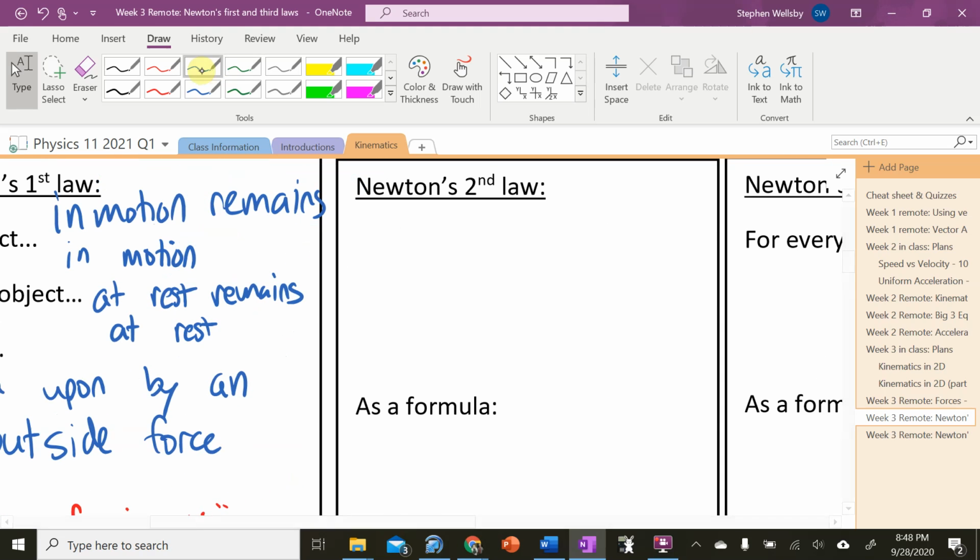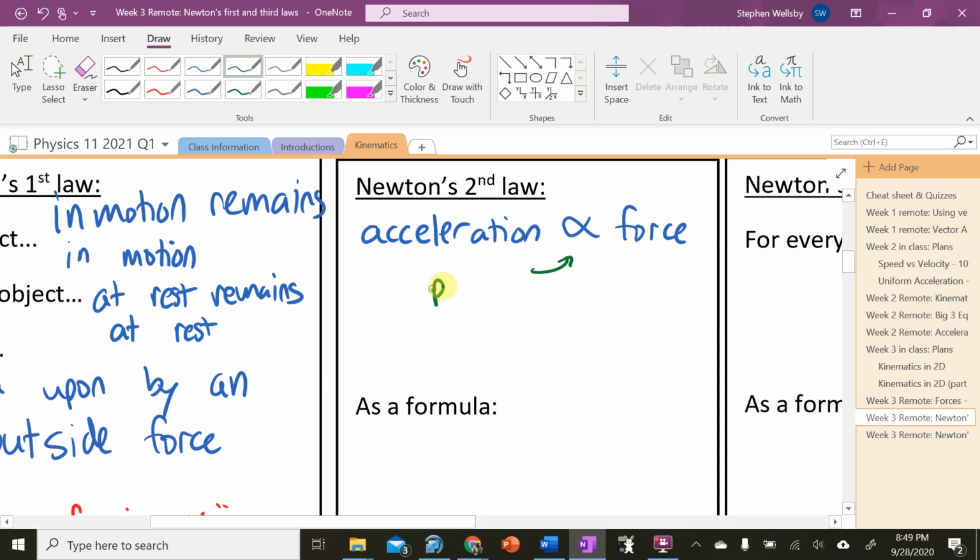The next of Newton's laws, which we're not going to go into too much detail on today, but I will let you know what it is, is essentially this statement. Acceleration of an object is proportional to, that's what this symbol means, proportional to a force.